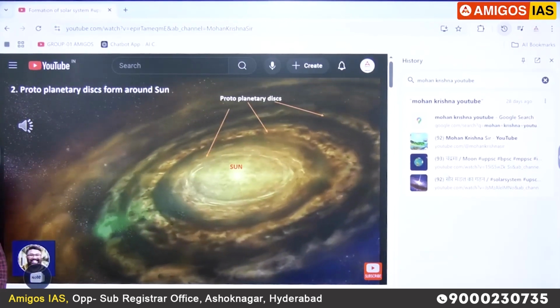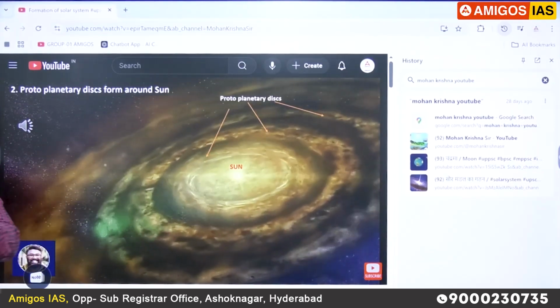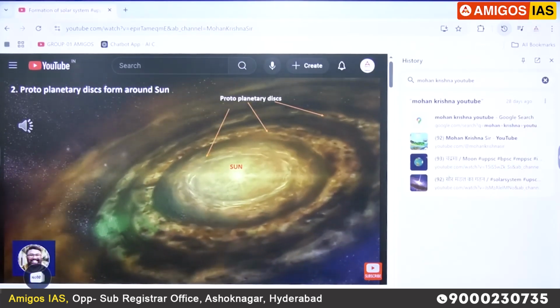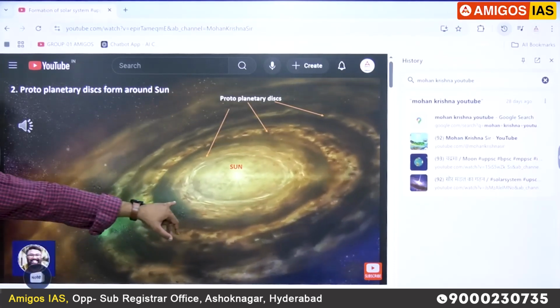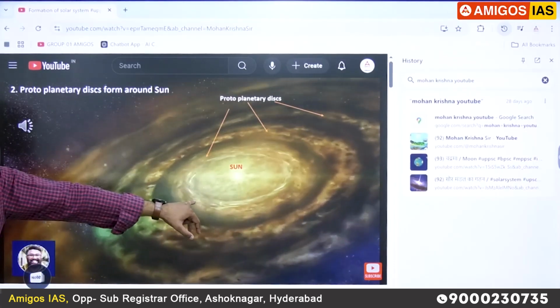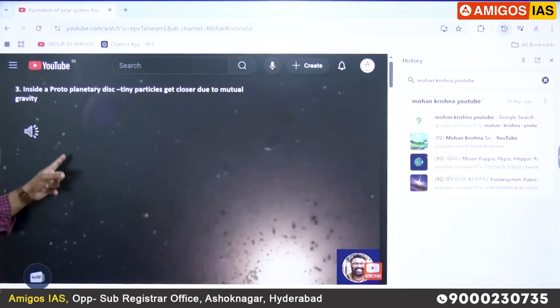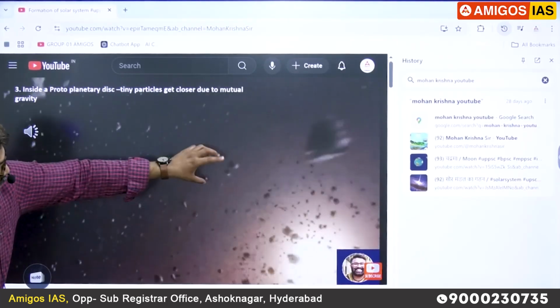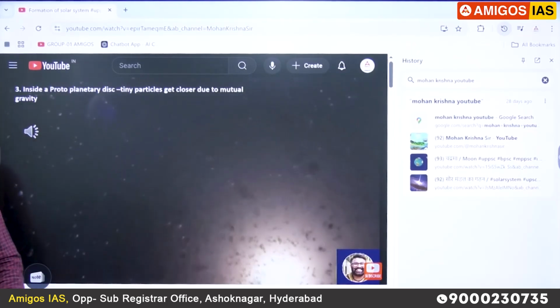Okay, so slowly all these rocks and dust particles started clumping together because of mutual gravity. I'll show you. You can notice that here all the dust comes together. See here, this is all rocks and dust. You can see the sun there. You can see all the rocks here in the disk.